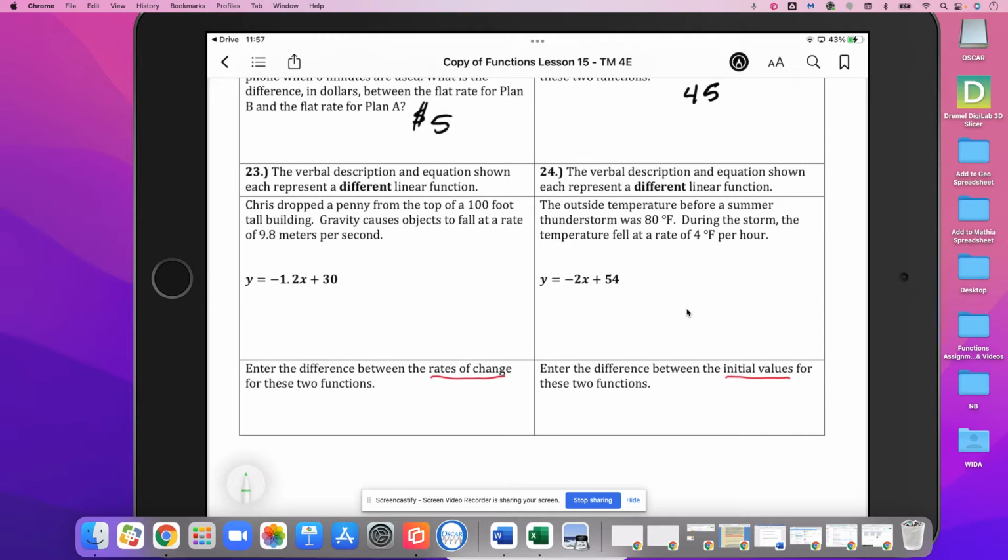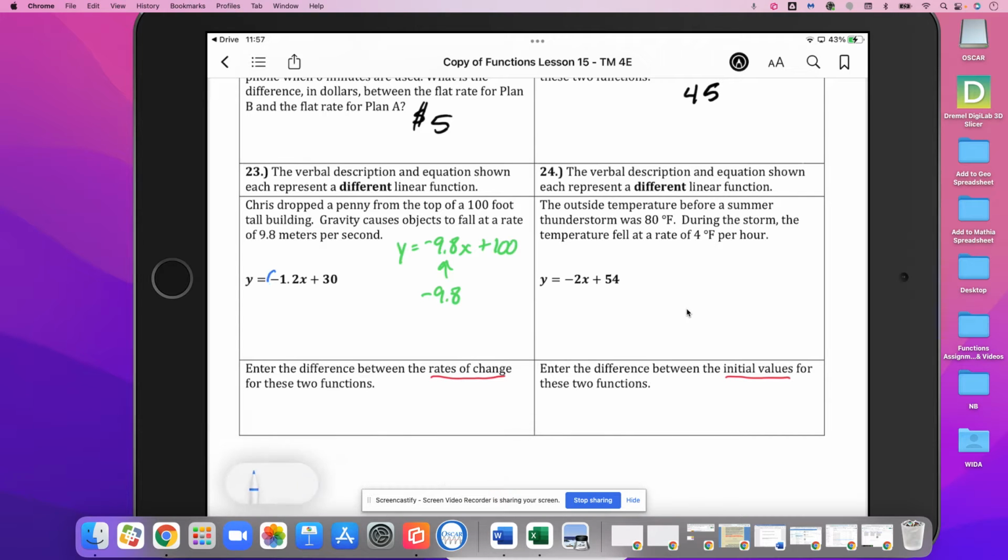Gravity causes the object to fall at a rate of 9.8 meters per second. And so if we were to write that equation, it would actually be falling as negative, so negative 9.8 meters per second, and it started at 100 feet. So you can see that our rate of change here is negative 9.8 because it's falling.